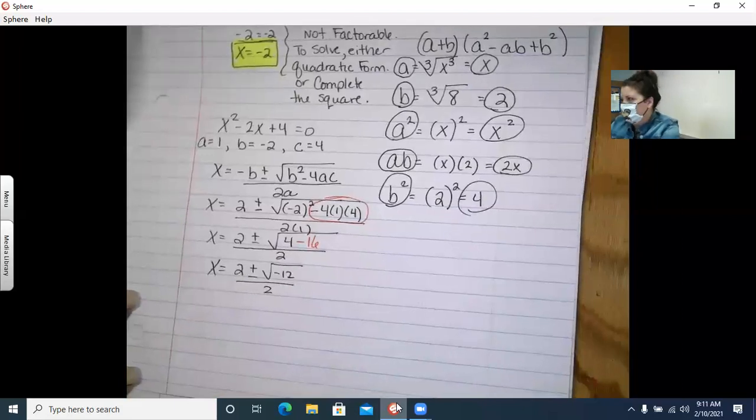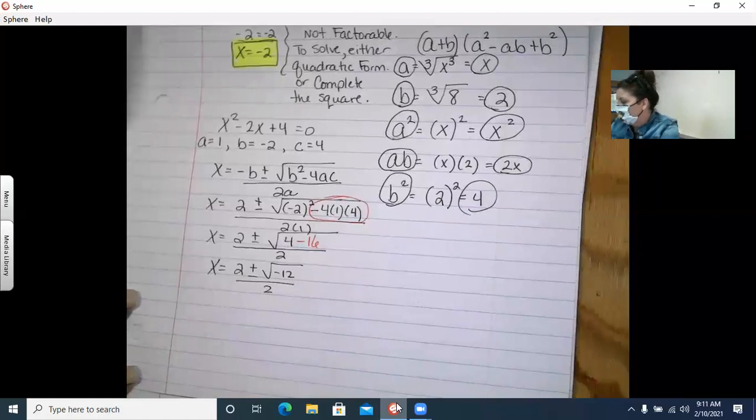What happens when you have a negative number under the radical sign? It's imaginary, right? And we learned a couple classes ago that if you have an imaginary solution, while it's a solution, it will not be a point on your graph, okay?